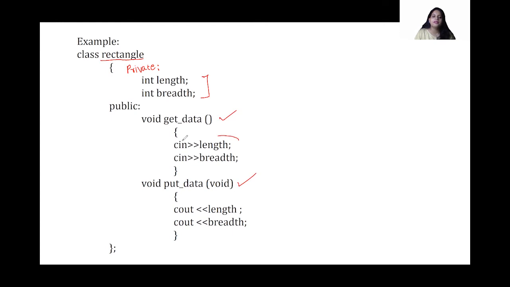But see here, the code or the definition of the function is mentioned within the declaration. So I'm declaring that I have this particular function in this class, and also defining it inside this class itself. So both the functions I have declared and defined at the same place. So these two functions are declared inside the class definition.